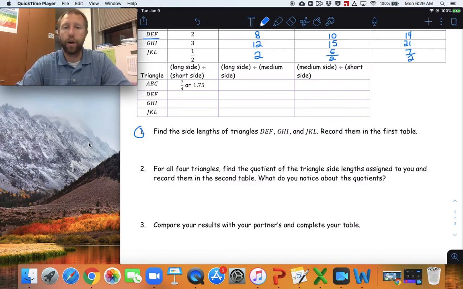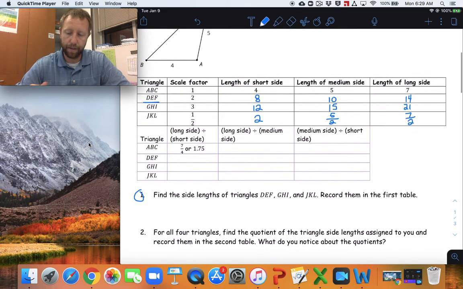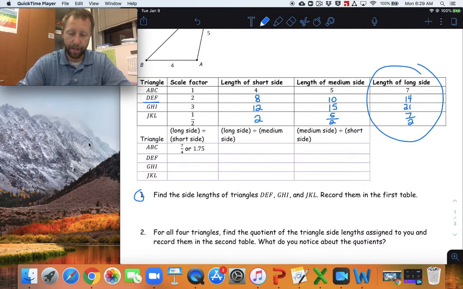That's what we'll do for all of the first ones, and the long side measurements are all over here in this column. The next thing is the medium side, and then the last one is the short side. Medium side divided by the short side.